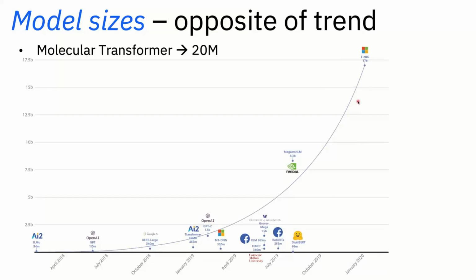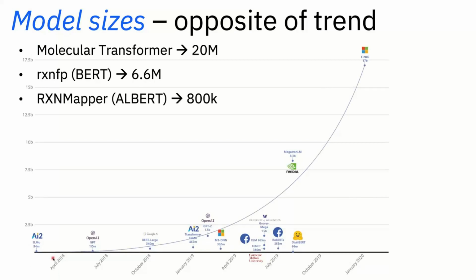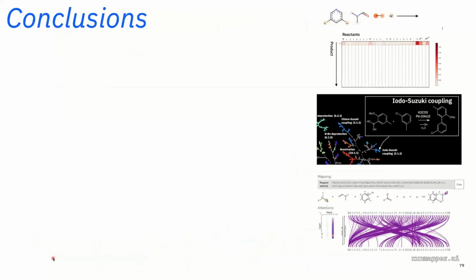And the funny fact is that from the reaction prediction models, we started with 20 million parameters. This would not even be on this scale here. And we went down to 6.6 million with the reaction classification models. And in the end, the last model I've shown you has less than 1 million parameters. So we go the other way around, but still we are able to predict nice things with those models.